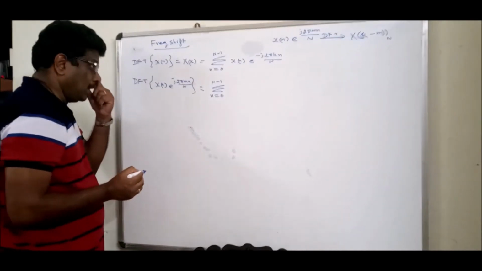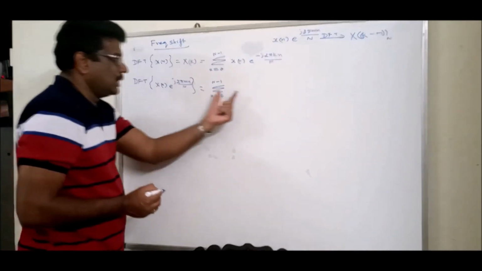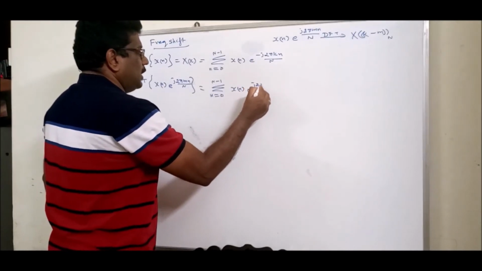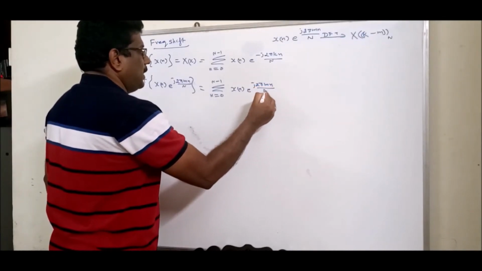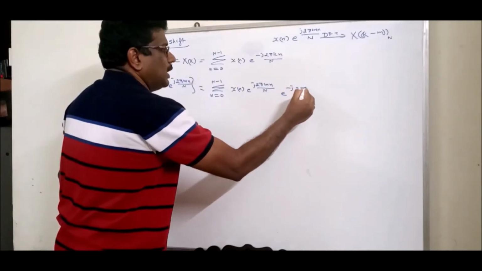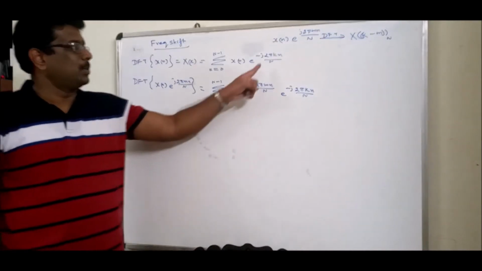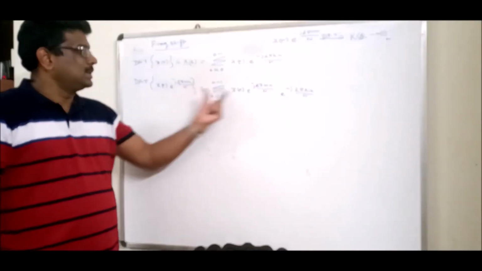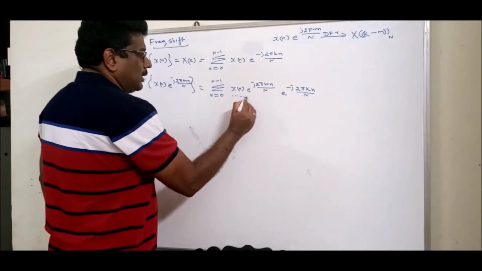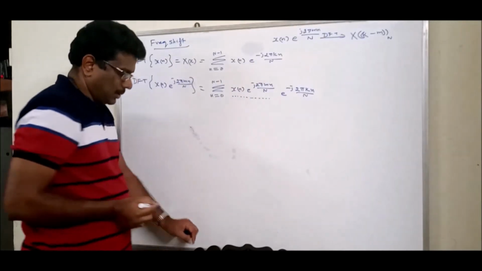I hope you can recall. x of n, same term, x of n e power j 2 pi mn by n. As per the formula, minus j 2 pi kn by n. So as per the formula, this term and whatever it is, I made it.